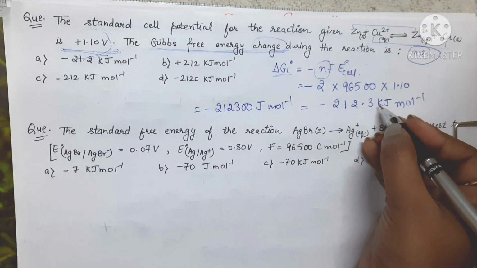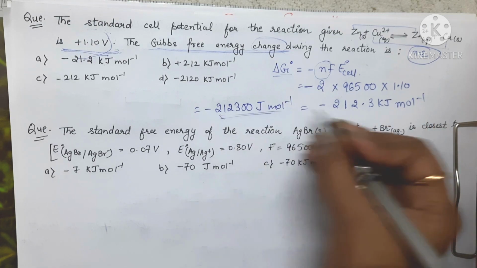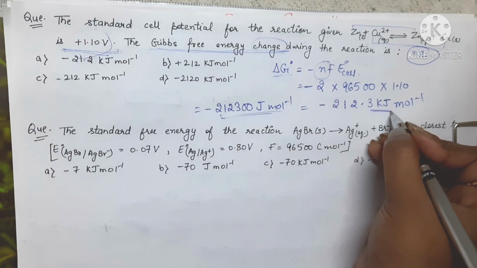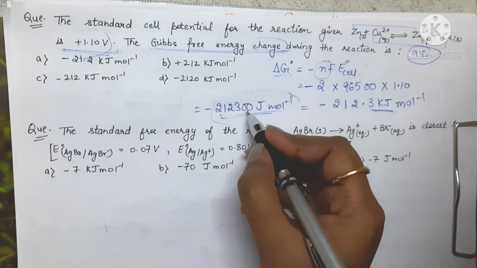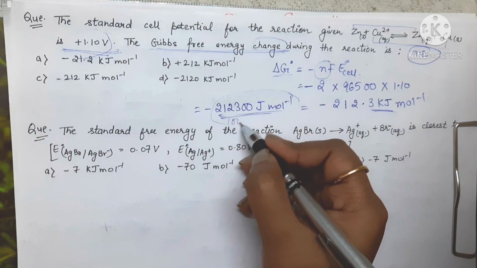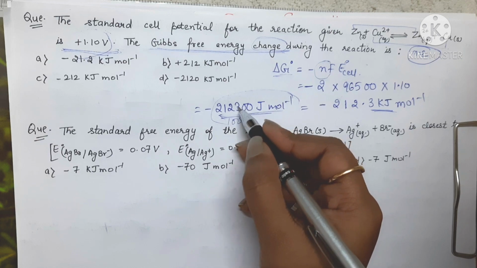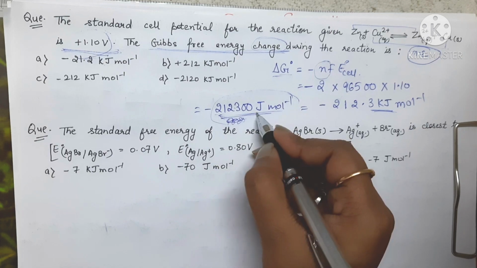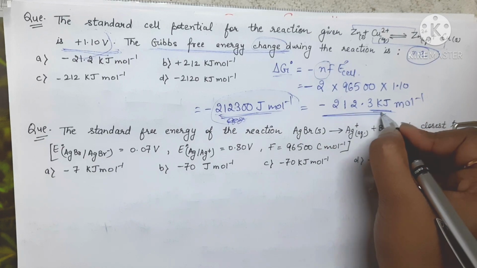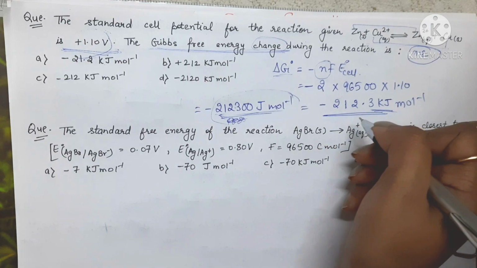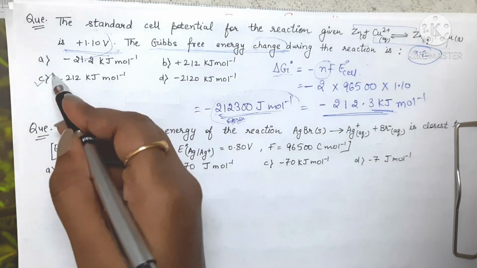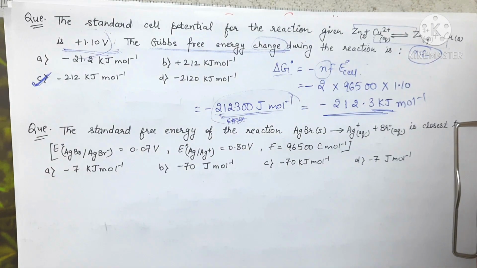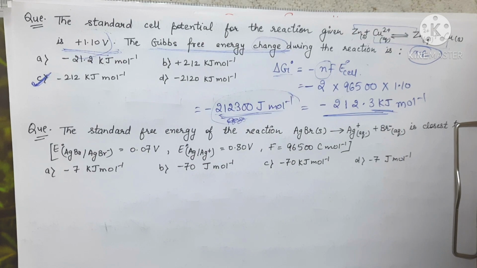But what you have to do is convert this value to kilojoule per mole, because this type of answer is not given to us. So we'll divide this value by 1000, and after dividing this value by 1000, you will get this answer. So the approximate answer is going to be option C. Here option C will be the correct option.